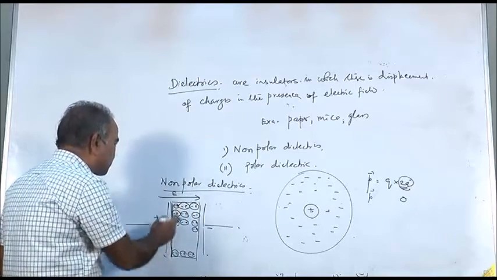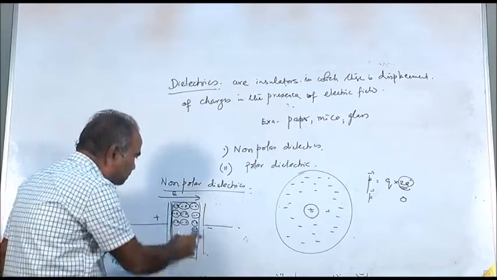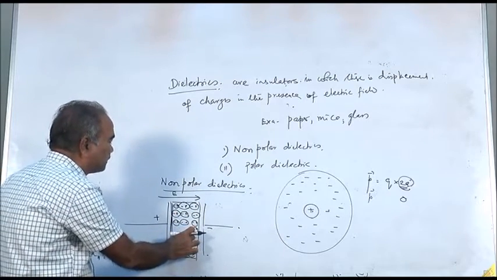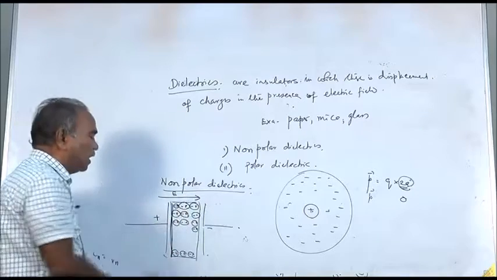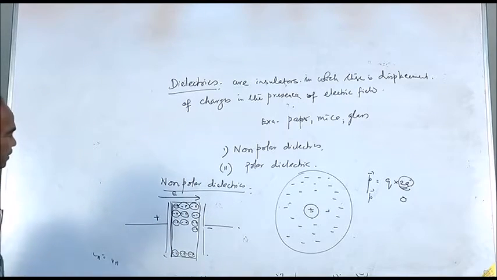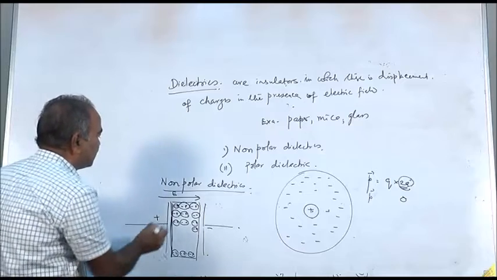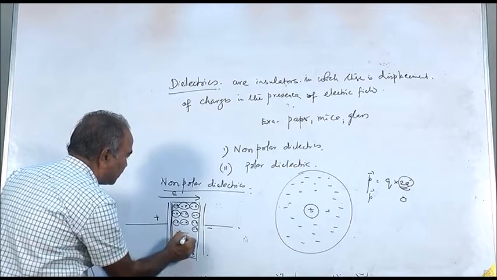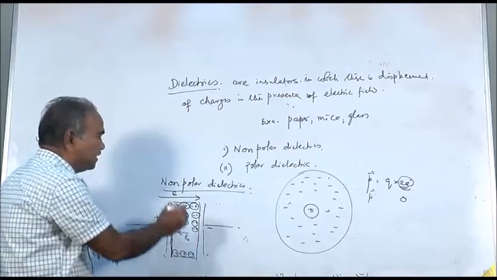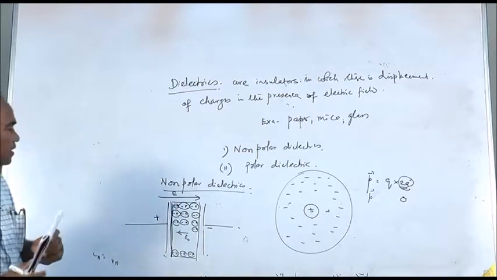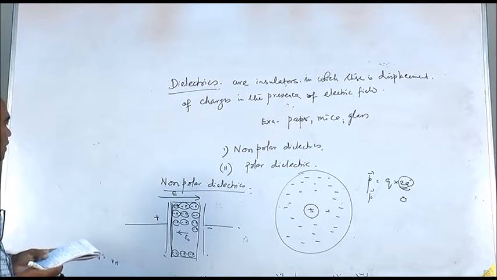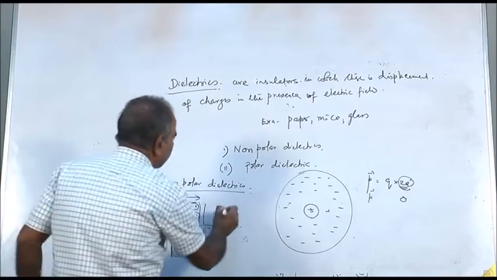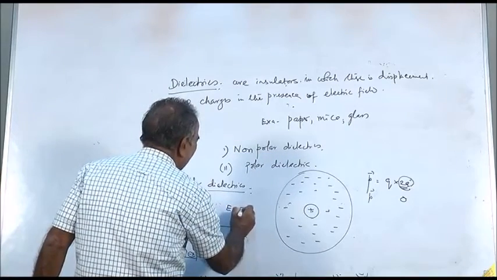Only on the faces there will be net charges, and an induced electric field will be developed inside the dielectric in the presence of the applied field. This induced field opposes the applied electric field. So, the resultant field here is E minus E0.